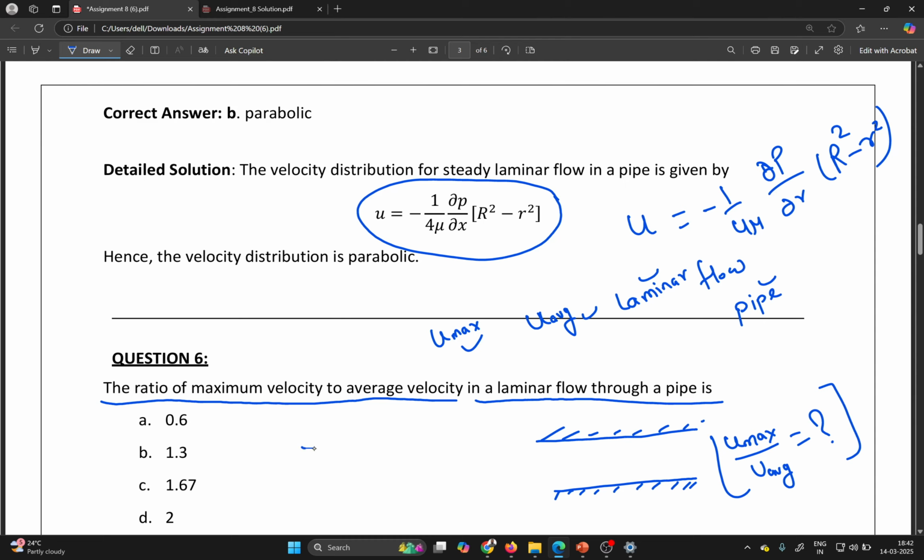In case of pipe, the maximum velocity U max divided by U average is equal to 2. Means this maximum velocity U max is 2 times your average.